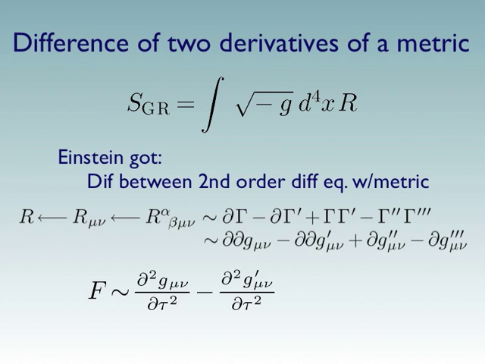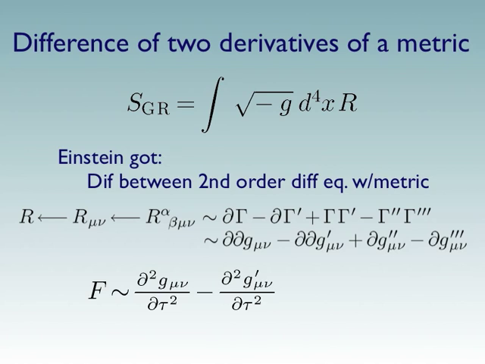The Christoffel symbol of the second kind is a contraction of one metric with the derivative of three other metrics, and so it's essentially the derivative of a metric, and it's just the difference of these two. Very simple, isn't it? So what Einstein got was the derivative of two nearby paths.